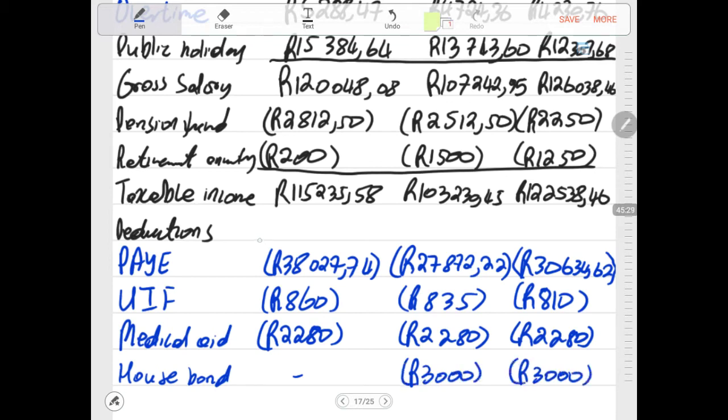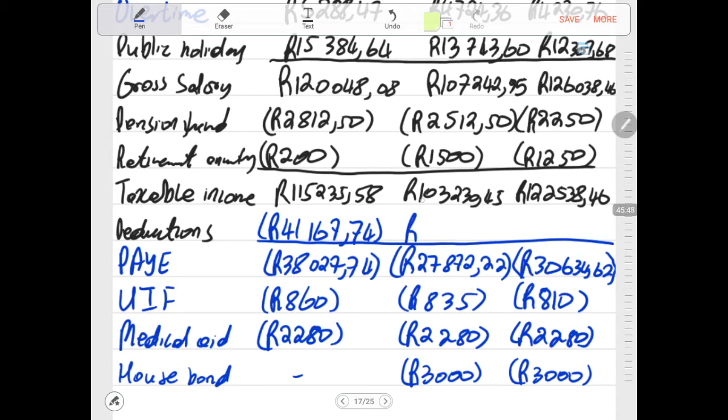Then we need to calculate the total of all these deductions, and these deductions will amount to negative 41,167 rand 74 cents.